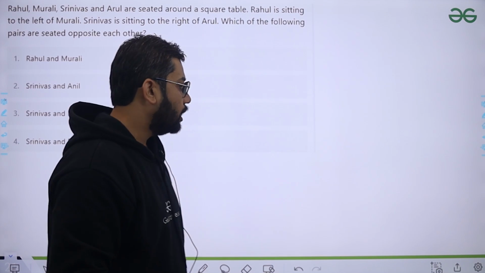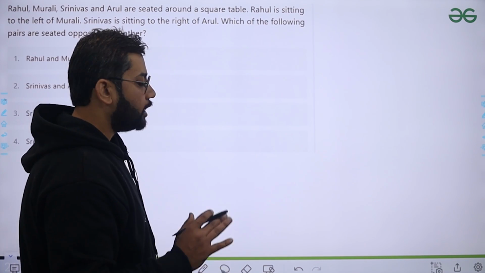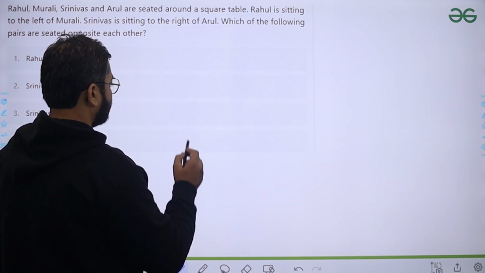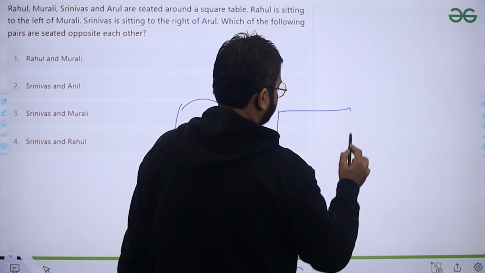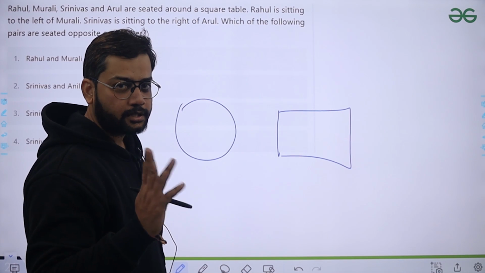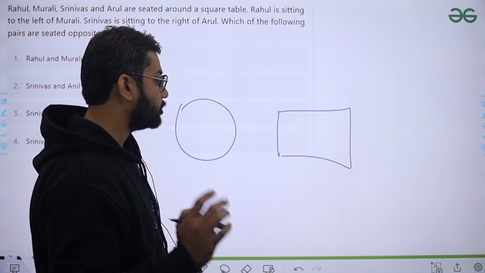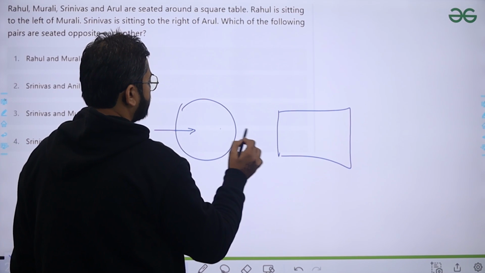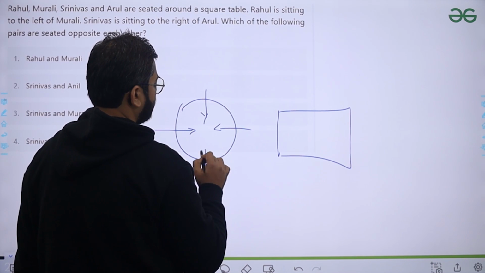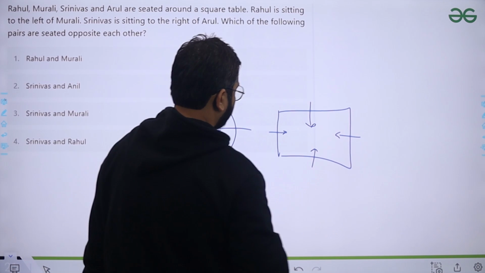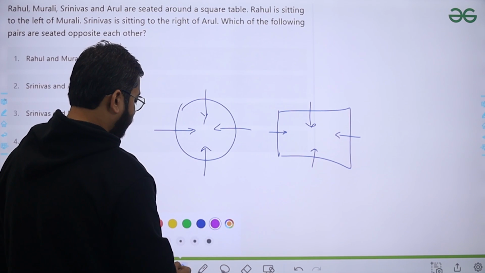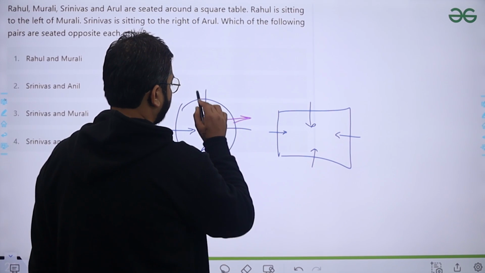Now see this question. How many types of sitting arrangement are possible? Either circular sitting arrangement or rectangular sitting arrangement. In circular arrangement, two cases are possible: either they all are sitting facing towards the center, or they all are sitting facing away from the center.